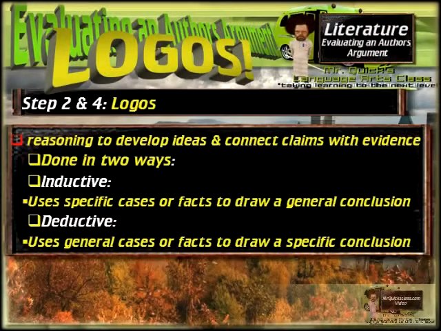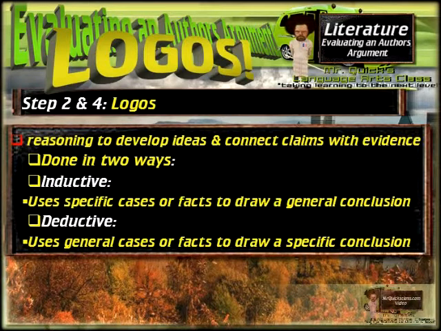Deductive reasoning is the exact opposite. It is when you take a general case or general cases or facts to come to a very specific conclusion. Now, these are the two ways that an author, when using the feature of logos, the feature of reasoning, is going to go about that process.